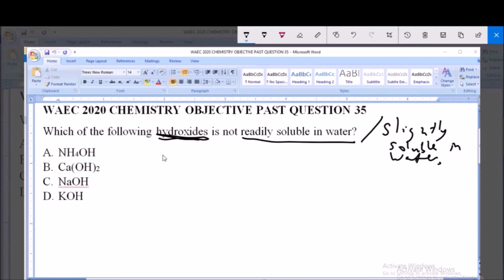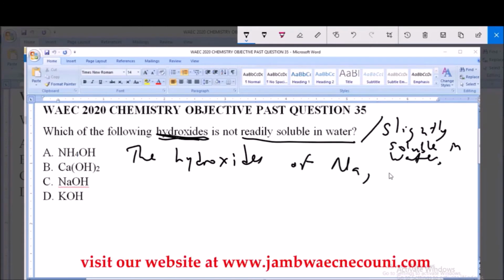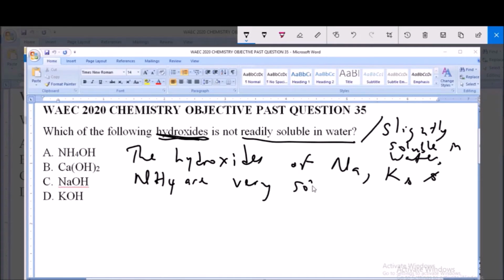Now, there's a general rule guiding the solubility of hydroxides in water, and that rule is that the hydroxides of sodium, potassium, and ammonium are very soluble in water.